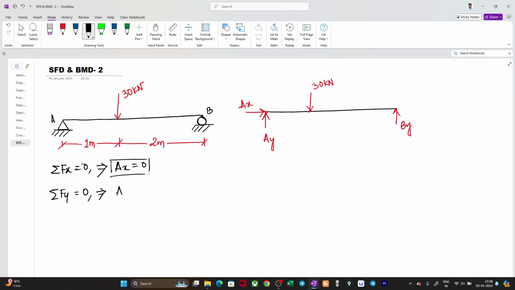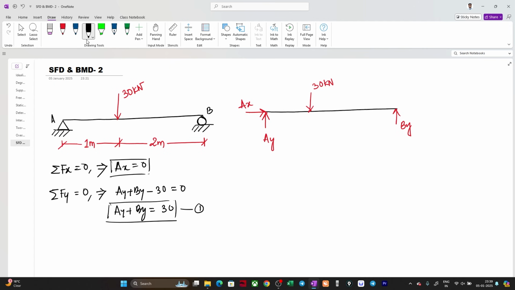Sorry, I think I did it wrong. It would be AY plus BY minus 30 equal to 0. So in this case, AY plus BY equal to 30. This is one equation, and we name it equation 1.